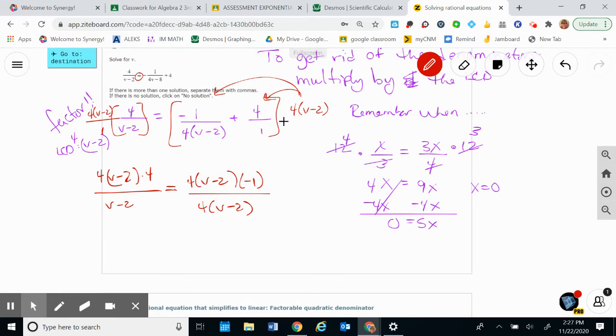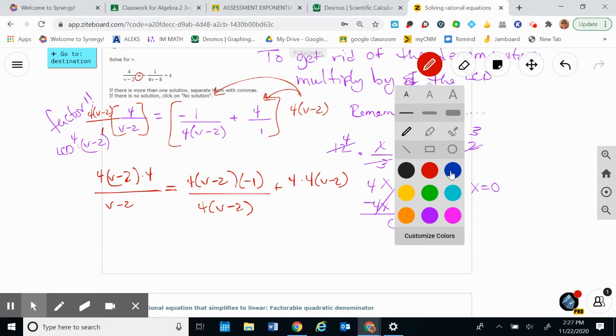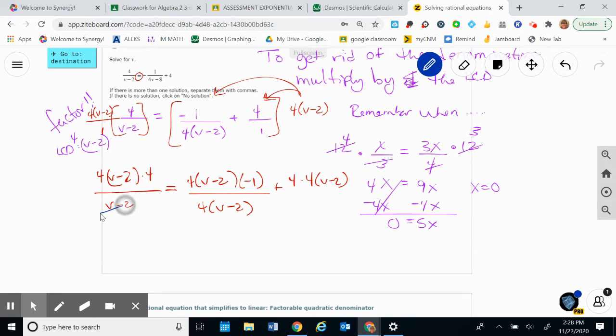Do you see all I did was take this and multiply by the -1, plus 4 times 4 times v minus 2. Okay, notice now things are going to cancel, and this is how you get rid of your denominator. See, that cancels, that cancels, that cancels. And we're left with 16 equals -1 plus 16 times v minus 2.